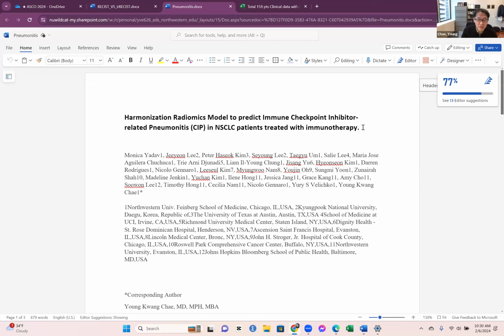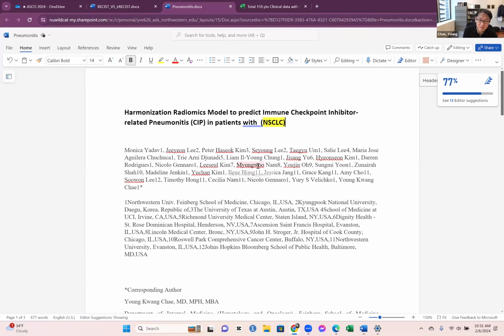I would write it out, non-small cell lung cancer, and put NSCLC in the parenthesis. And then in every part of the abstract, just use NSCLC instead of writing out lung cancer.